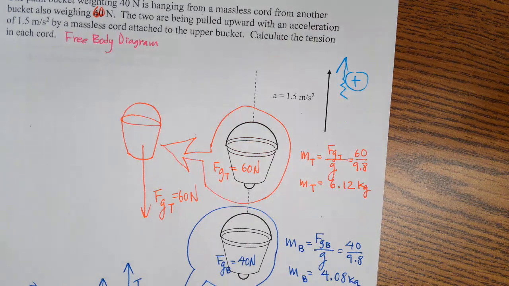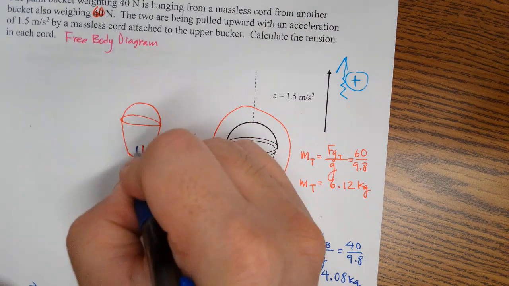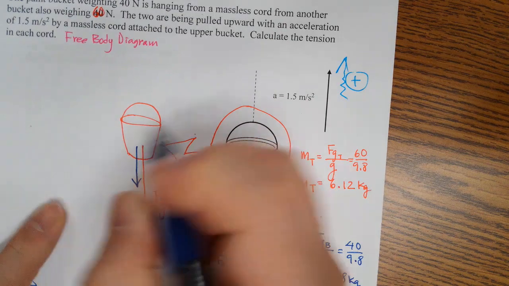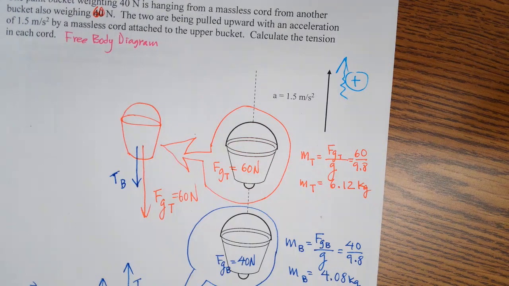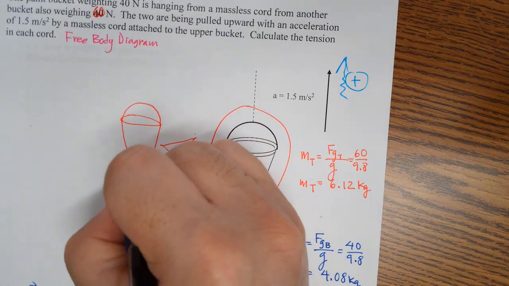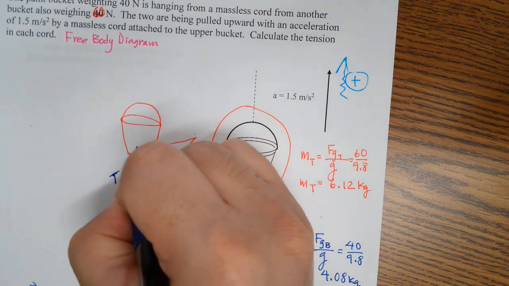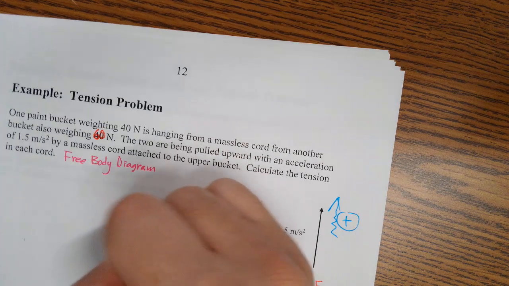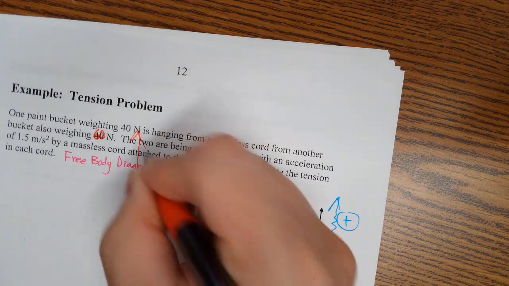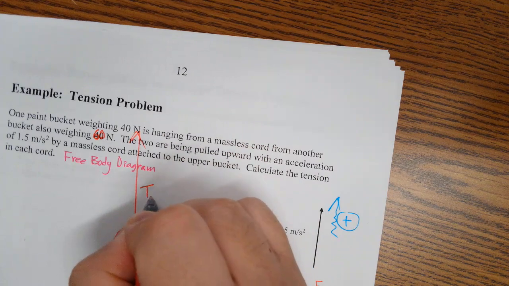Okay, so tension bottom, right? We already calculated that to be 46.12 newtons. Good. And then tension A or tension top, right?